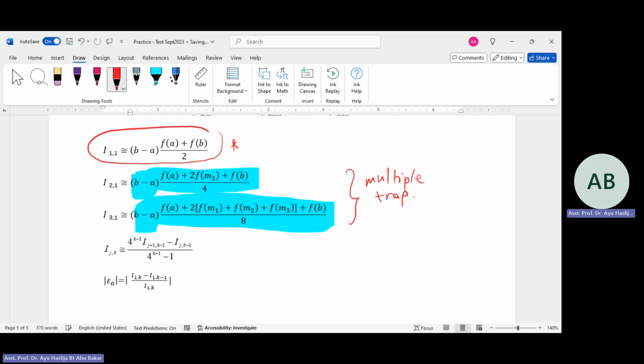Okay, that one is level 1. For level 2 and 3, you should use this equation. Let's say I12, level 2: J is 1, K is 2.